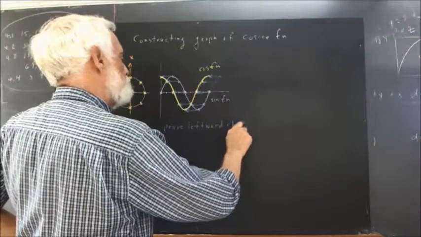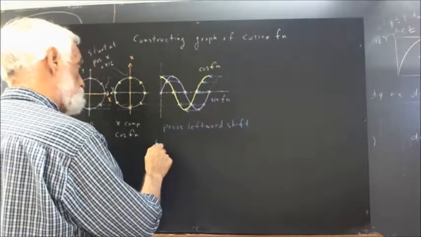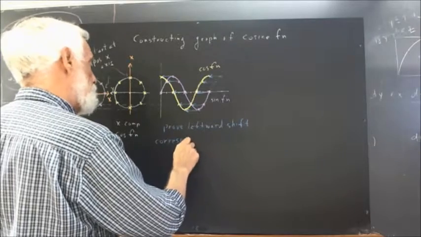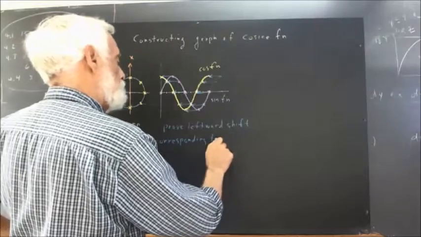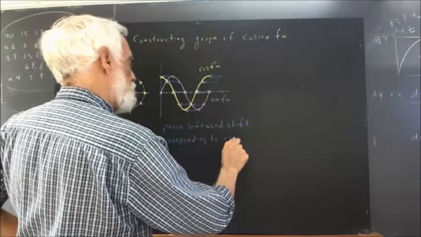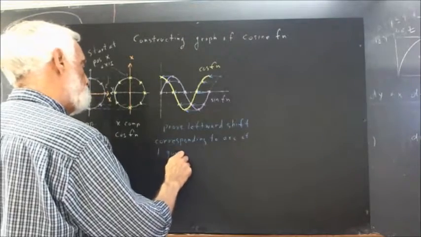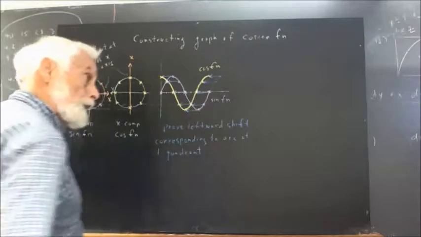So I'm going to suggest a proof. Prove the leftward shift corresponding to the arc of one quadrant, and it should be clear what I mean by that.